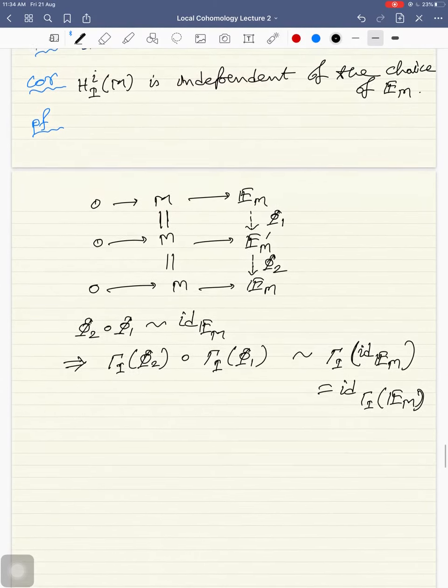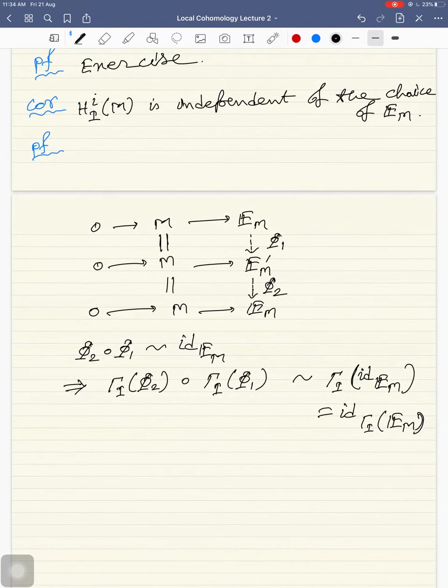And once these two quotient maps are homotopic, one being this composition and the other this identity map, they induce the same morphisms on the cohomology level.